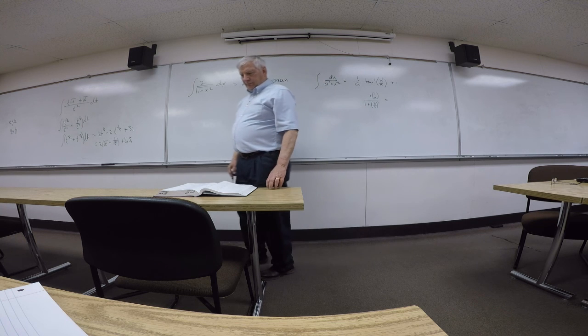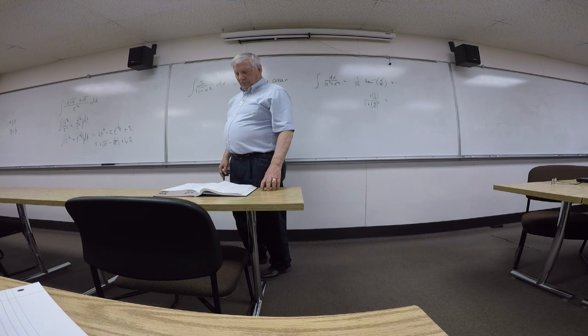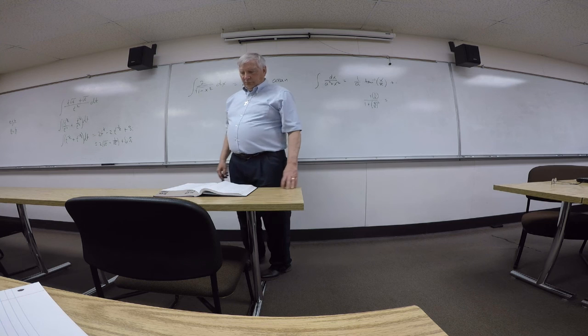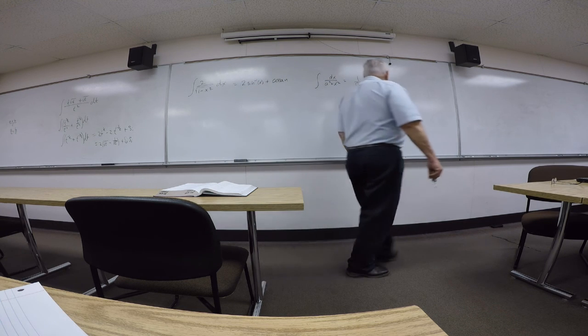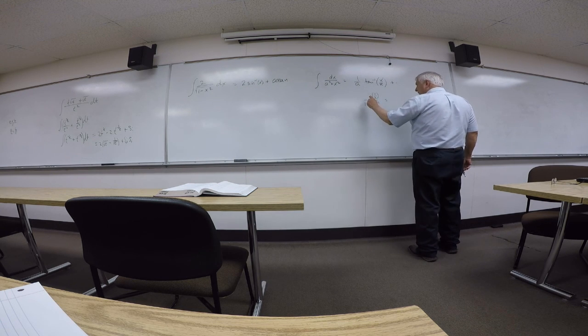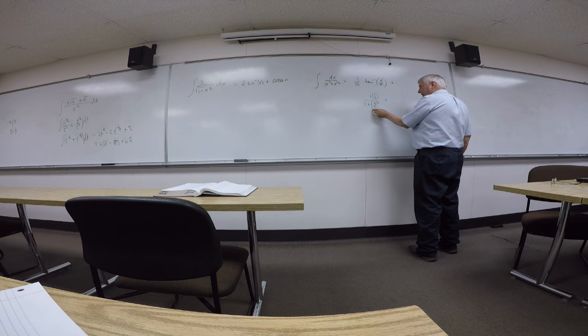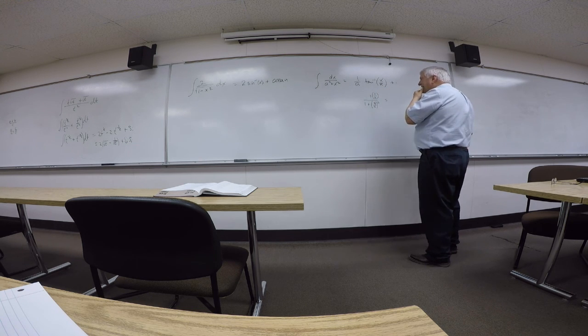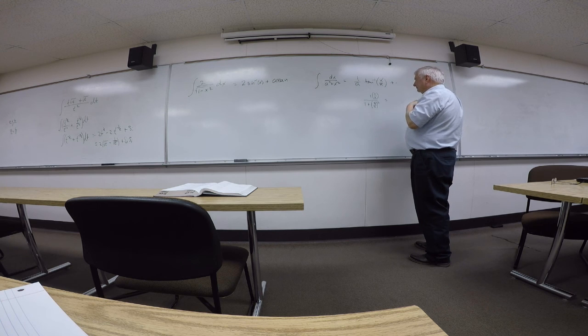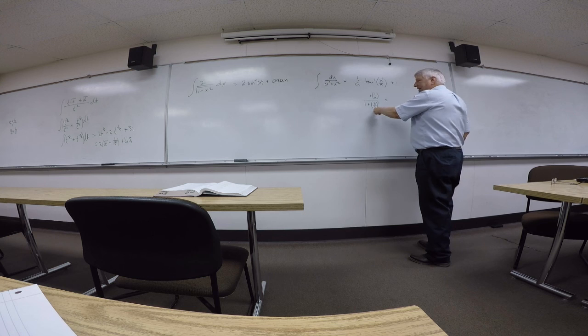Number 79? Okay. 1 plus x squared times derivative of x over a, which is 1 over a. If I multiply through by a, oh, I have an a squared down here.